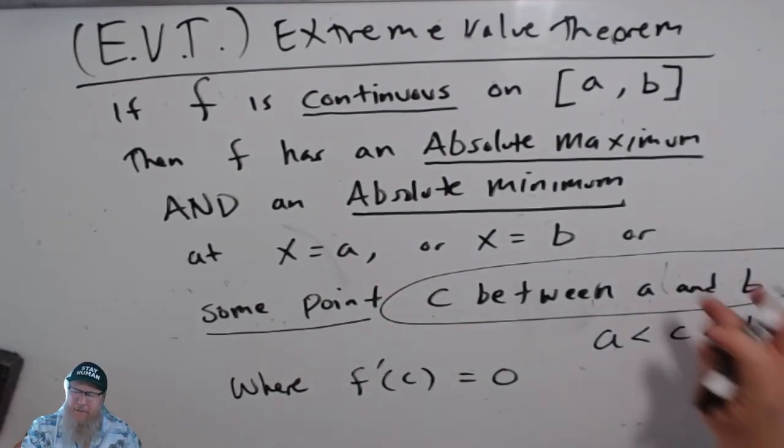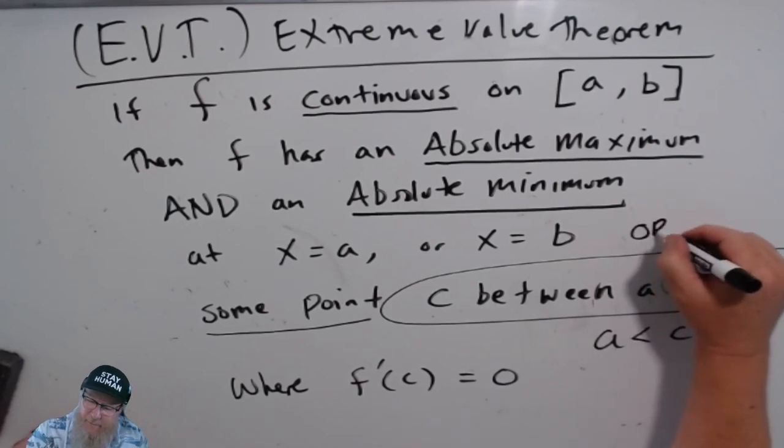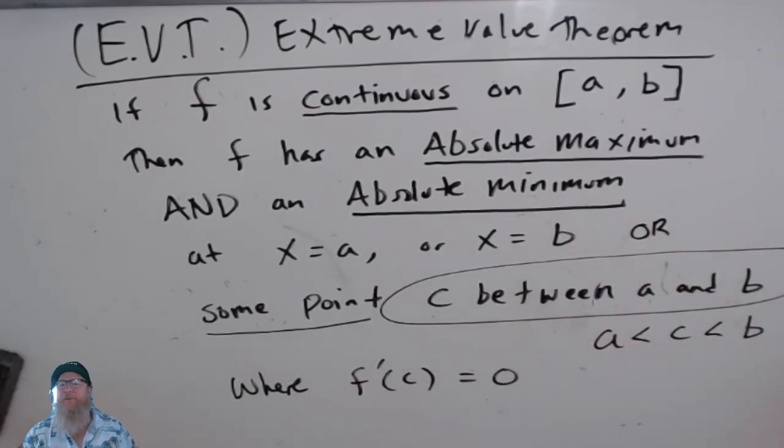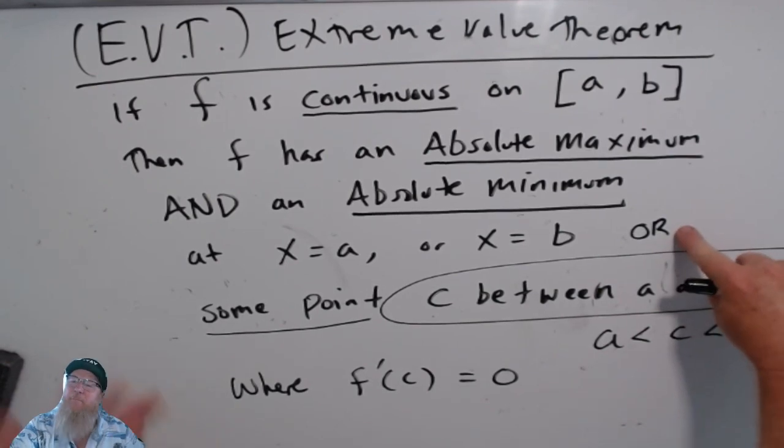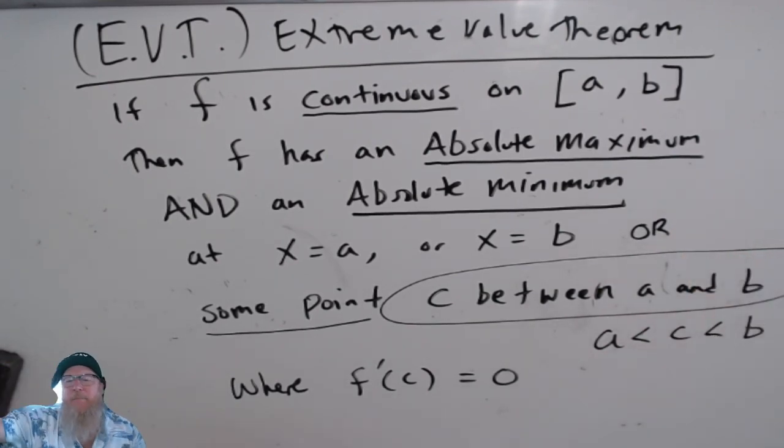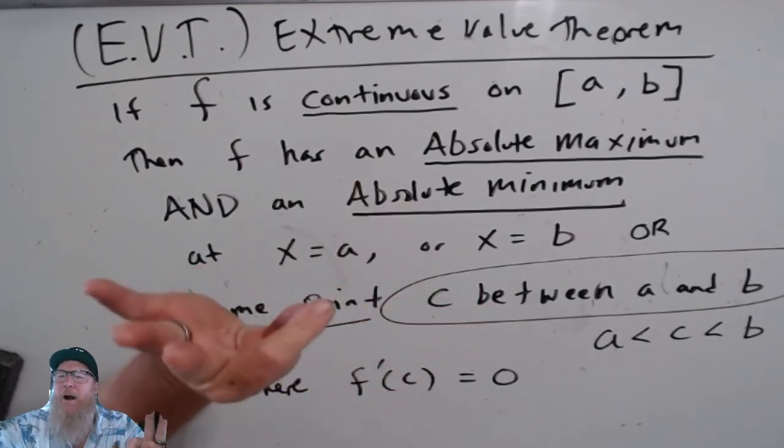All right. Now this or is not necessarily exclusive. So you could have both. You could have a maximum at one endpoint and then a minimum in the middle somewhere, right?